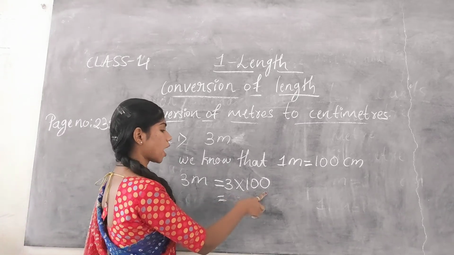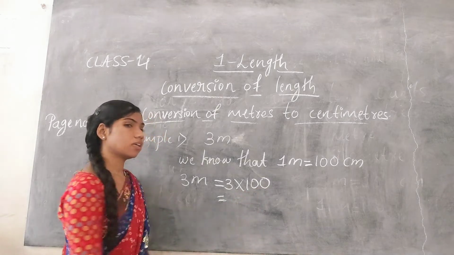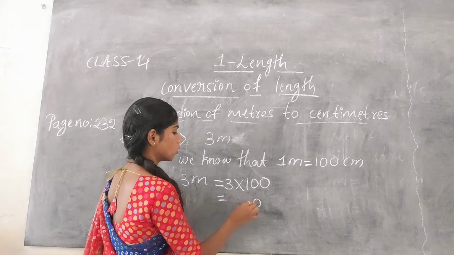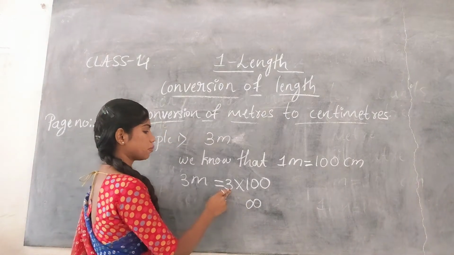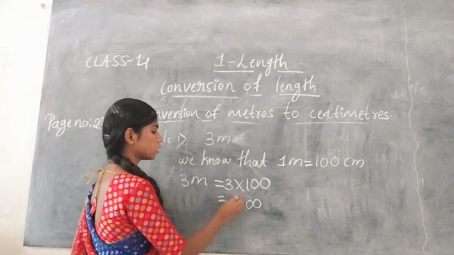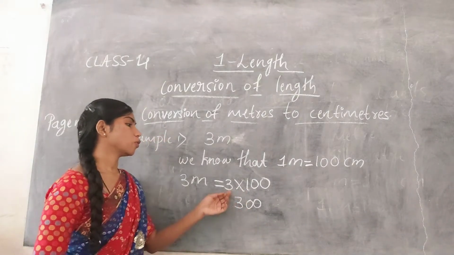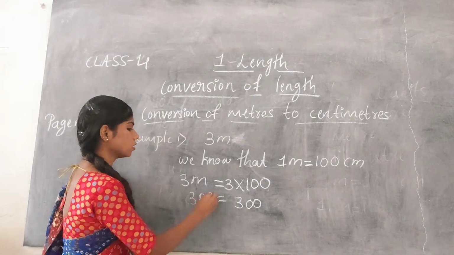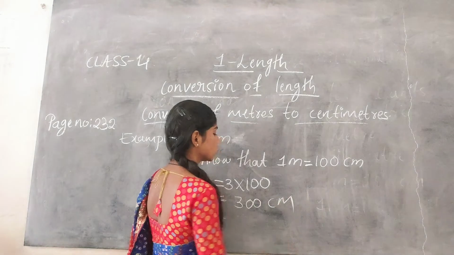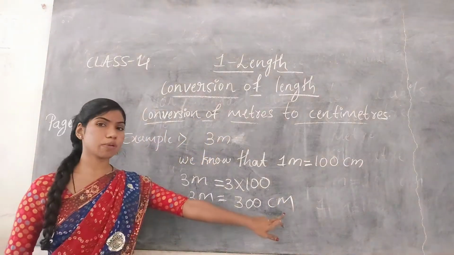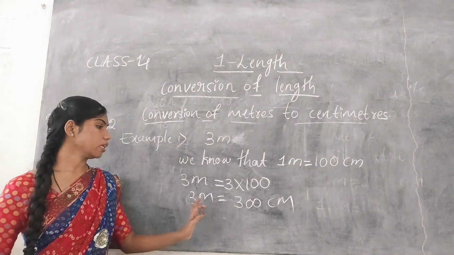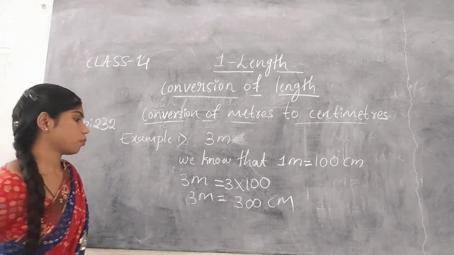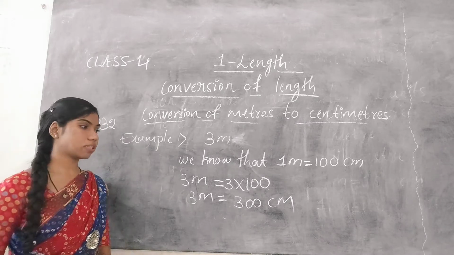See here, 100 has 2 zeros at the right side. So put 2 zeros, then multiply 3 by the 1. 3 ones are 3. So 3 into 100 is 300. 3 meter is equal to 300 centimeter, cm is centimeter.